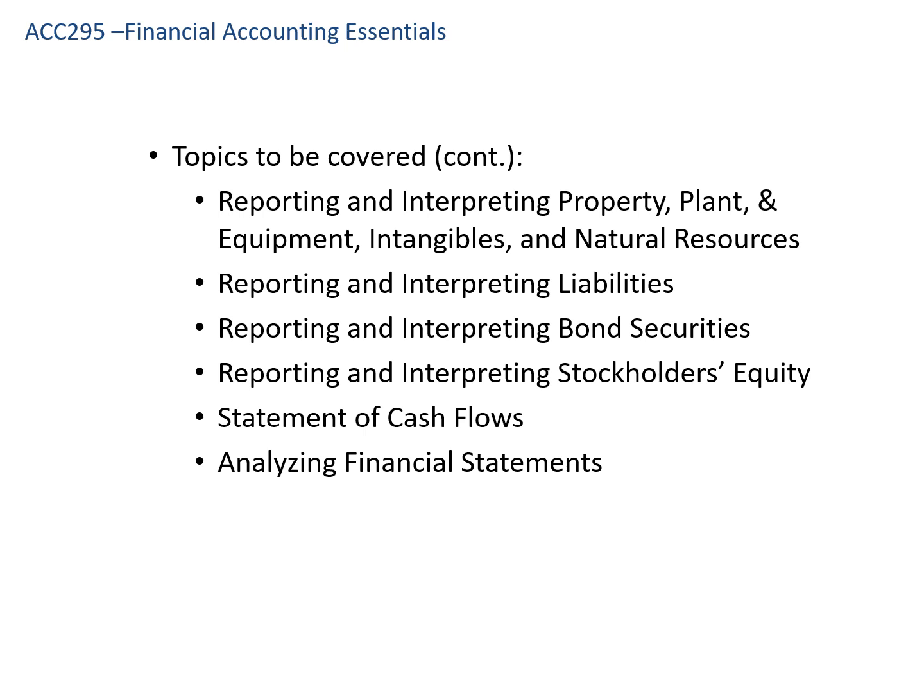So then we'll talk there about depreciation and those sort of topics. Talk about reporting and interpreting liabilities, including bond securities, a less usual kind of long-term liability. And then reporting and interpreting stockholders' equity, followed by doing a statement of cash flows, and then analyzing financial statements.